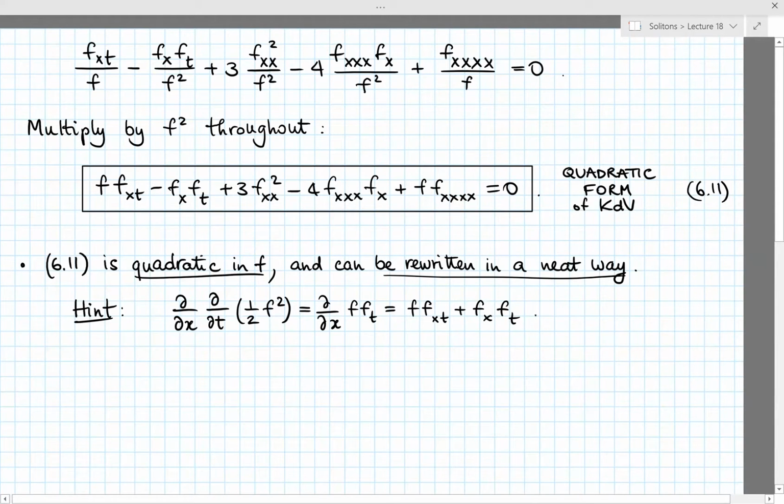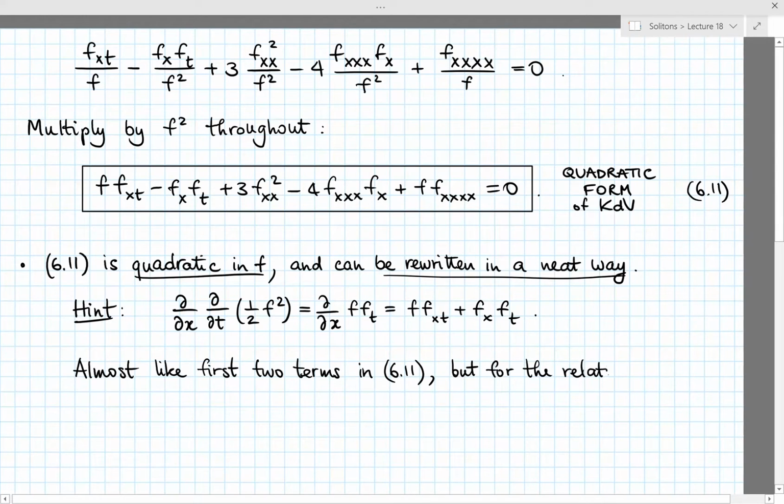So this is almost like the first 2 terms in 6.11, if it weren't for the relative sign, which is plus when we take the second mixed derivative of 1/2 f squared, and minus in the first 2 terms in 6.11.